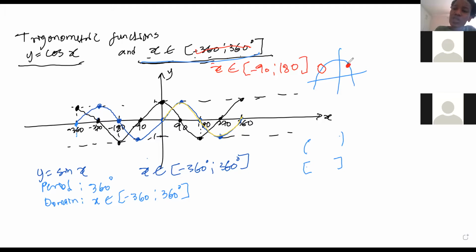If you have a solid dot, it means that point is included. That's where you're going to have your square brackets. If you've got an open circle, it means the value is not included. If it's just open, then that value is not included, and you're going to have round brackets. If it's included, you're going to have square brackets. Okay, so that's that part.